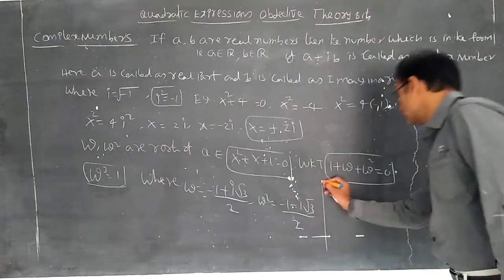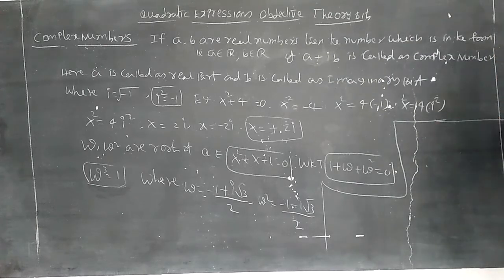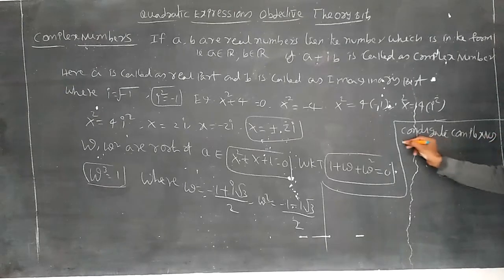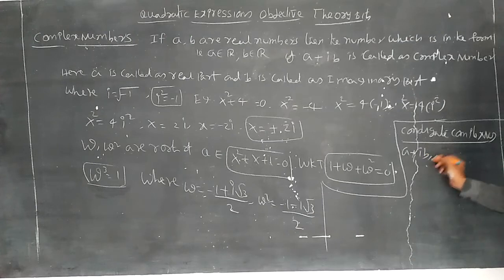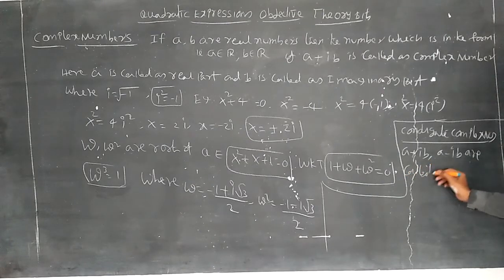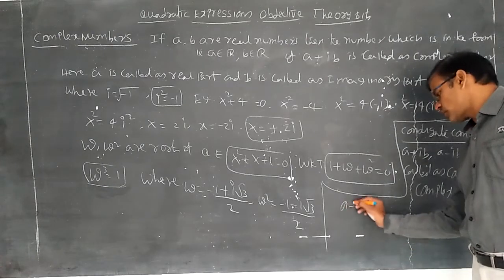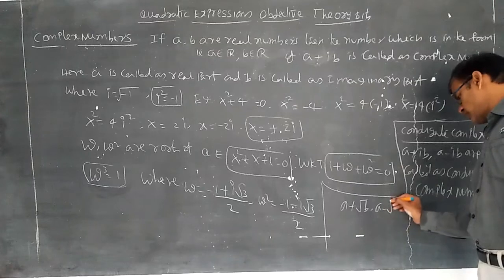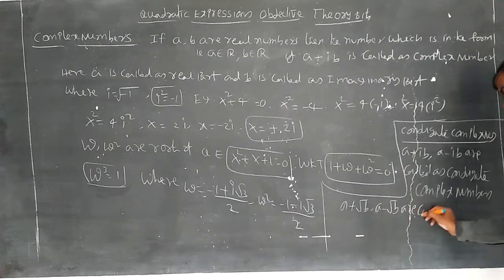Here I want to discuss conjugate complex numbers also. a plus ib and a minus ib are called conjugate complex numbers. a plus root b and a minus root b are called conjugate surds.